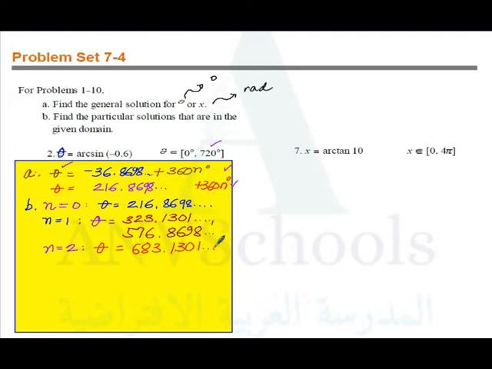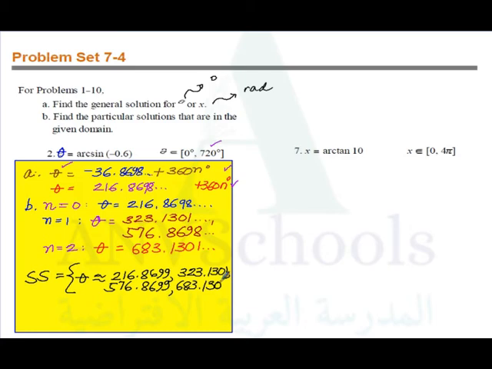Okay, now to sum it up, the solution set would be theta approximately equal to 216.8698, let's say 8699, and 323.1301, and 576.8698, and lastly 8699, and finally 683.1301.